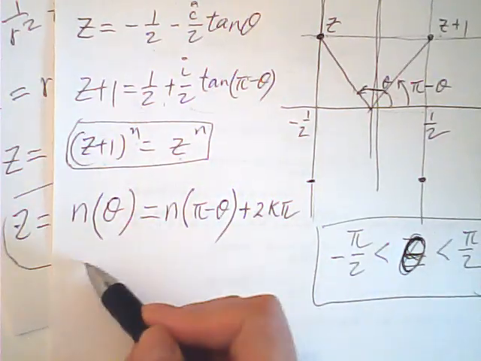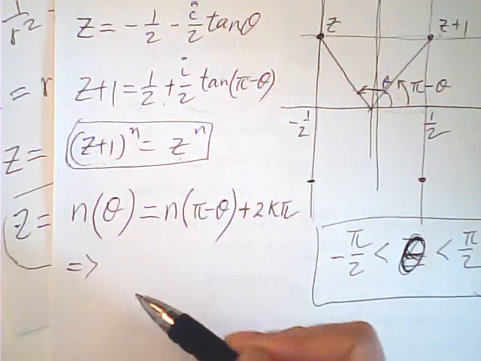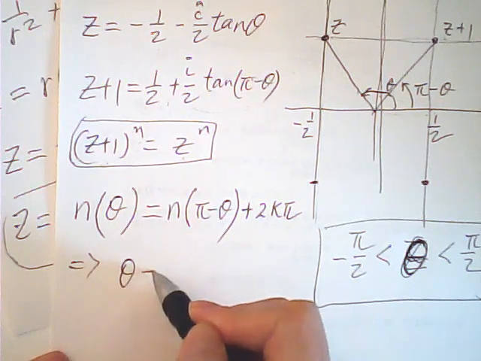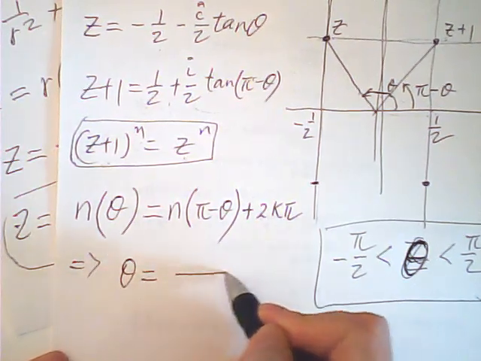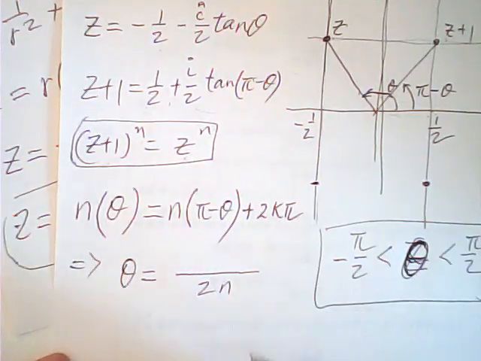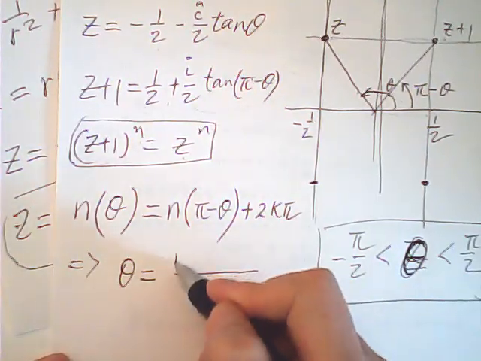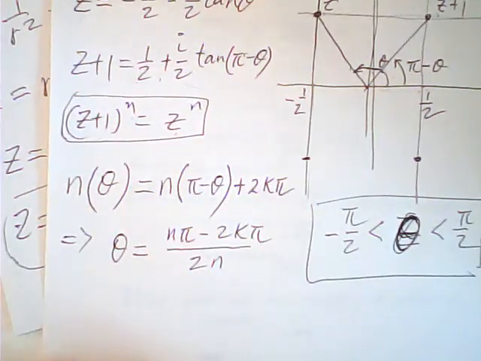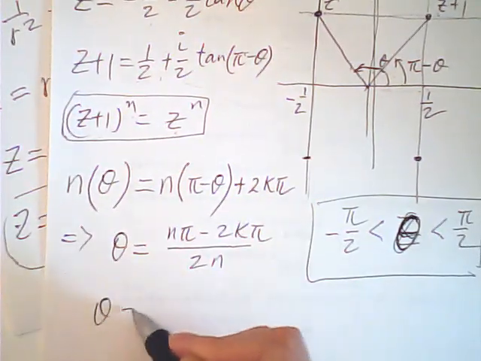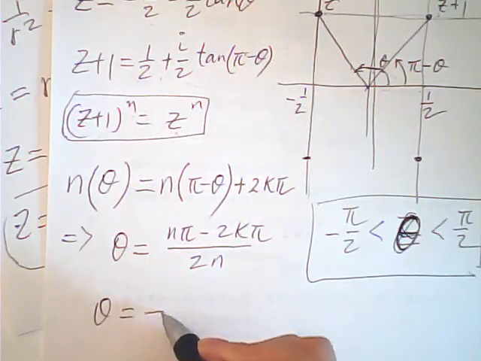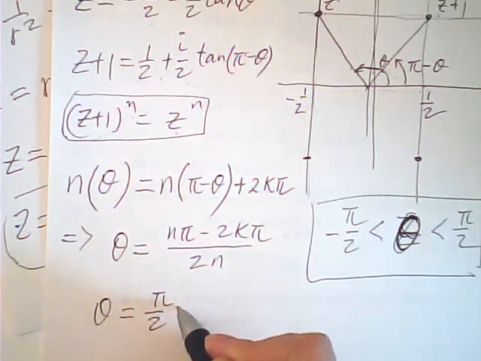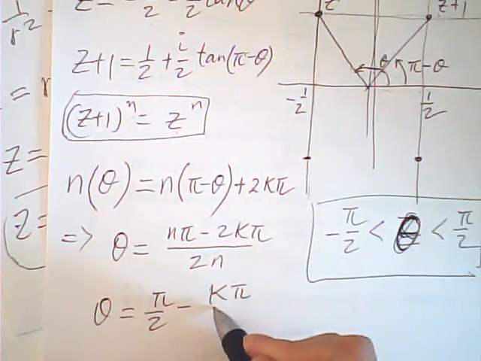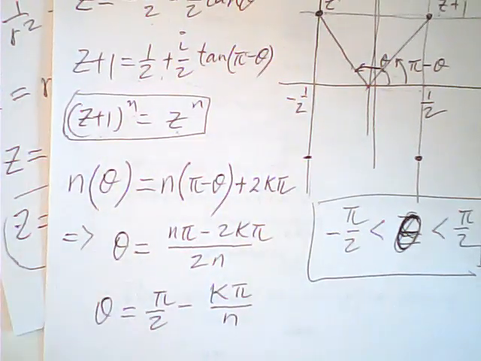And based on this, we can derive that theta is equal to 2n pi minus 2k pi. So theta is equal to half pi minus k pi over n.